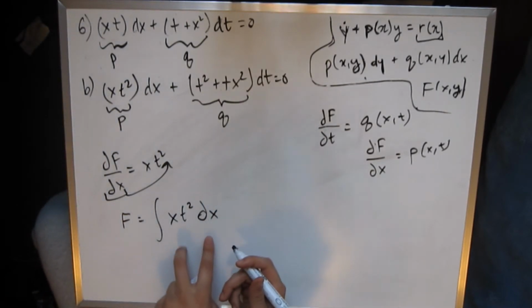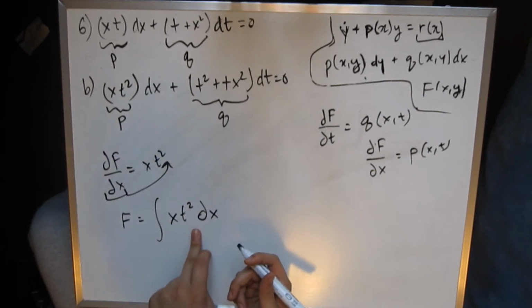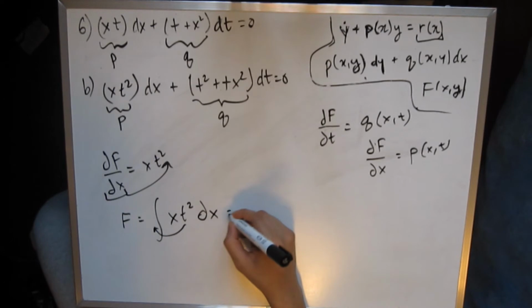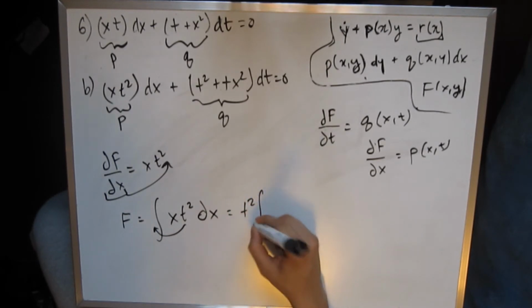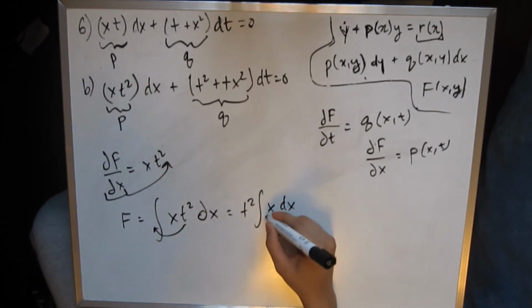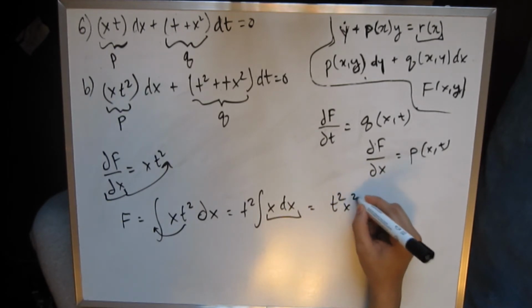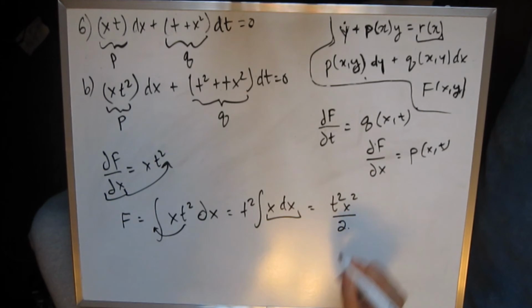This is quite simple. Since we're only integrating for x, we can take the t out, which will make it t squared times the integral of x dx, and that's a pretty simple integration where it's just going to be t squared x squared over 2.